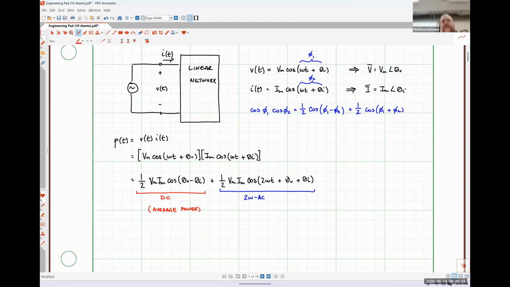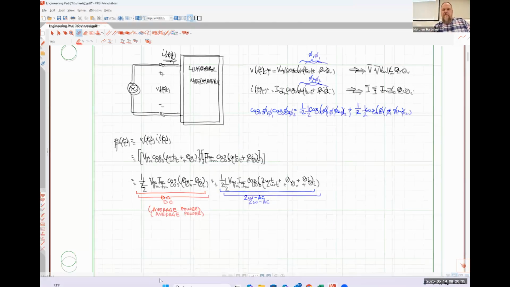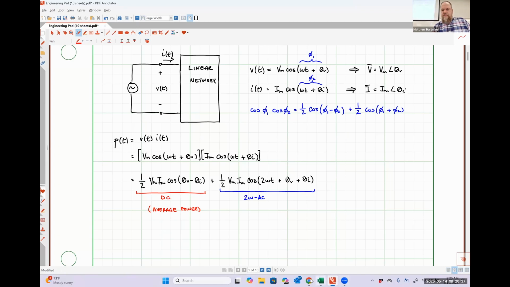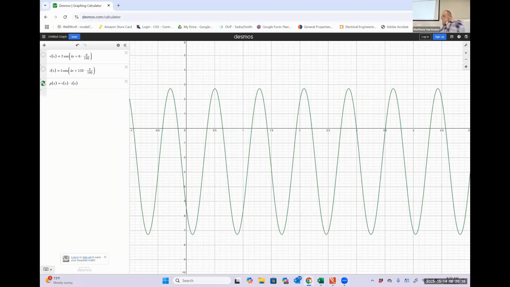Let me go back to that graph real quick here. In this case, and I hope you can all agree with me, our average power is going to be some negative quantity, right? We could figure out what it is with a quick back of the envelope calculation here. Our positive peak value is relatively close to 3.